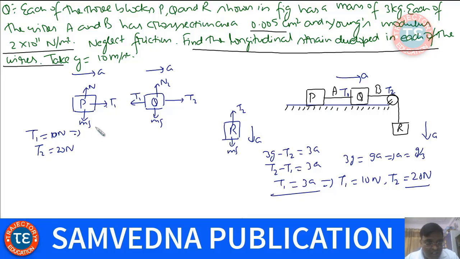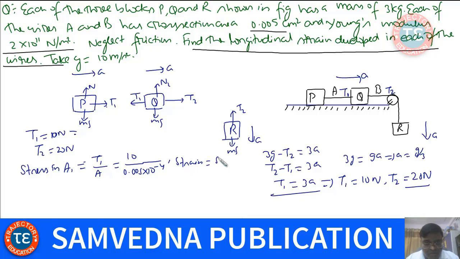So if I want stress in A, it is going to be T1 upon area of cross section, that is 10 upon, and what's the area of cross section? 0. That's the stress in A.